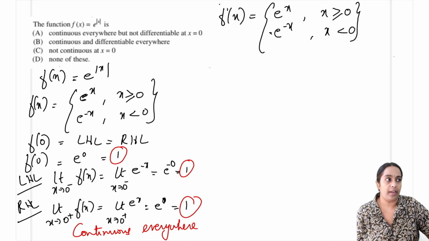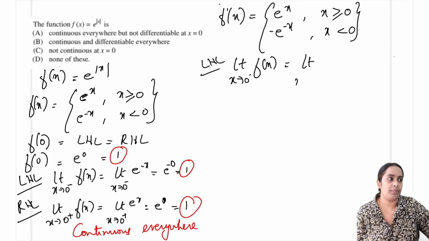So now again checking for differentiability, let's do the left hand limit and the right hand limit. Left hand limit: limit x tending to 0 minus f of x, which is limit x tending to 0 minus e power minus x.